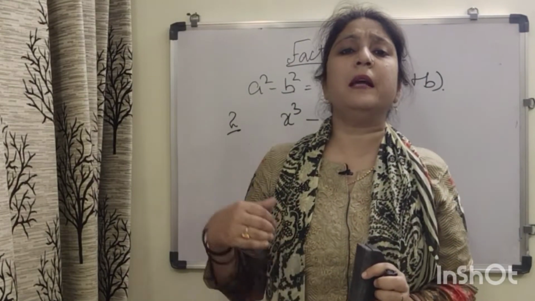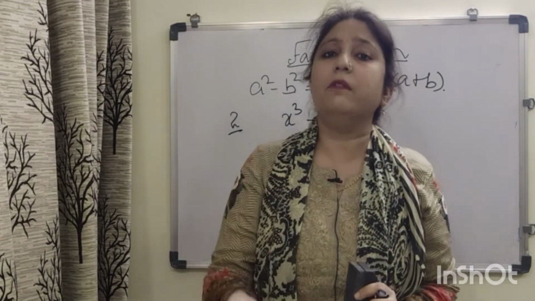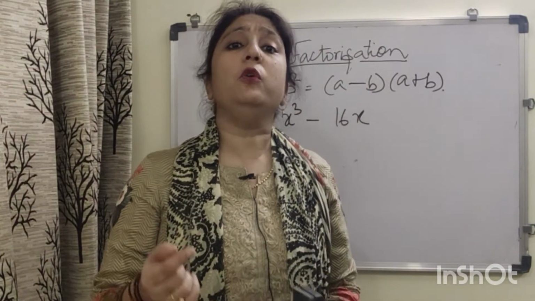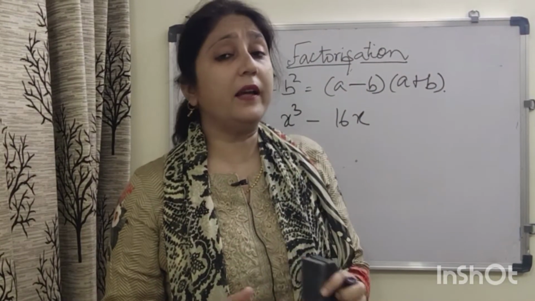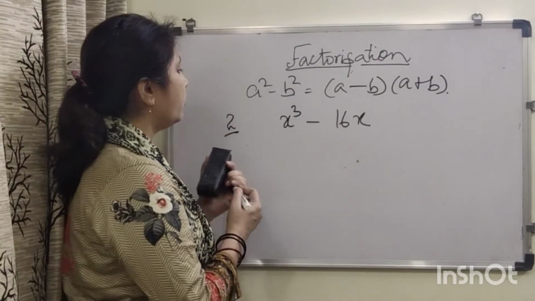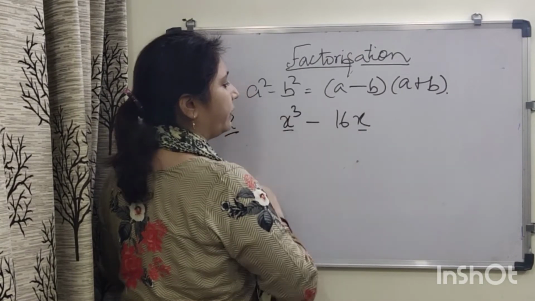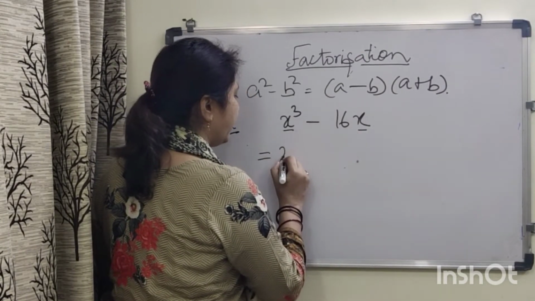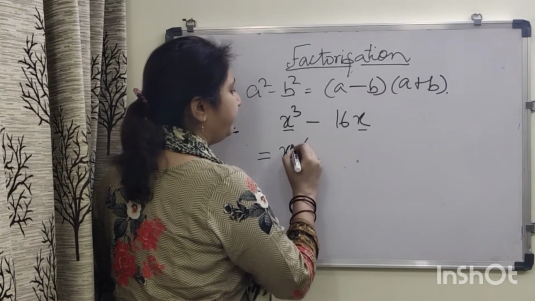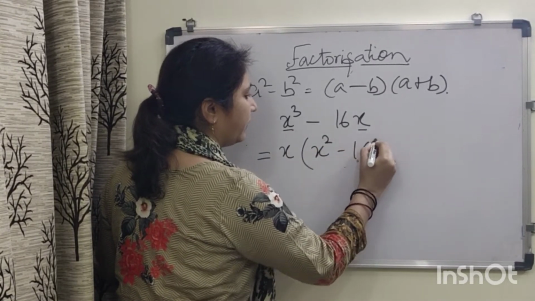It doesn't mean that taking the common part will not work. It will work. First of all, you have to check, is there anything common between the given terms? Yes, it is common, because you can see this x at both the places. So your first task is to take x common. When you take x common, you will obtain x square minus 16.